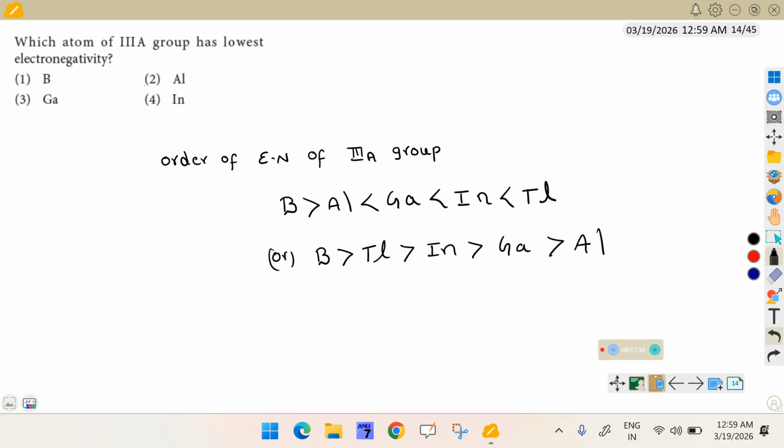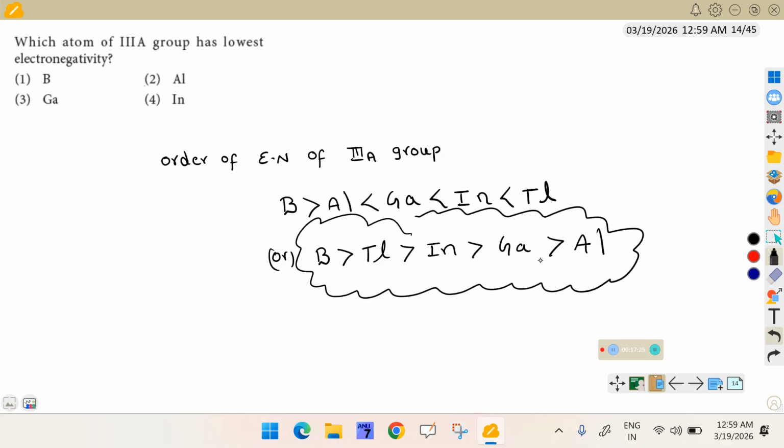The next question, order of electronegativity of 3A group elements, very important. Boron greater than thallium greater than indium greater than gallium greater than aluminium. The question asks for the lowest. Lowest is for aluminium, highest for boron. Lowest related question, so second option is the correct option.